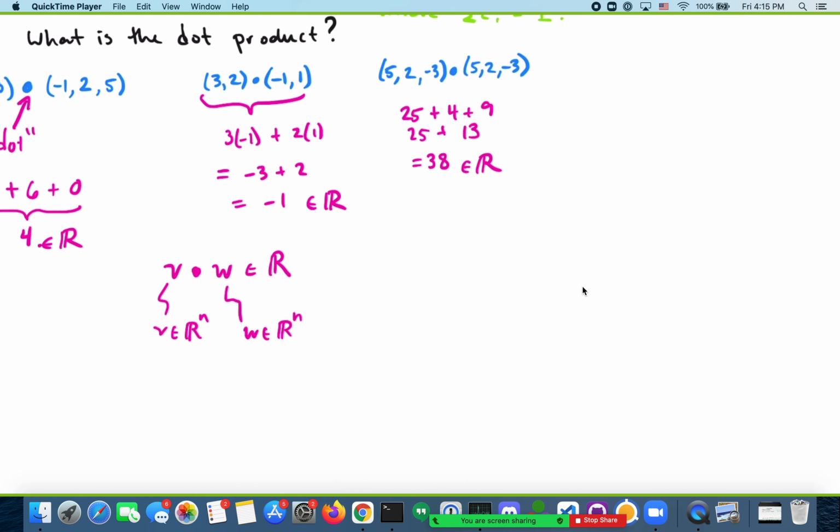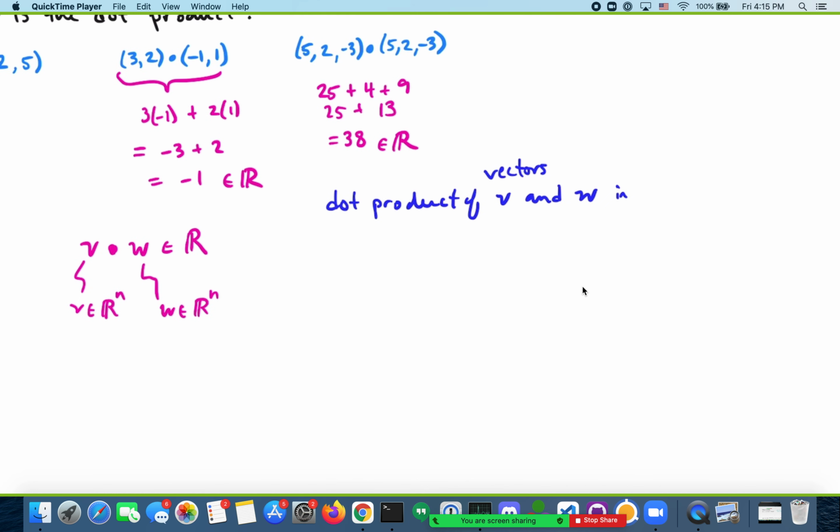So if I'm doing the dot product of vectors v and w in, let's say, Rn, then the symbol I use could be, and there are several options.